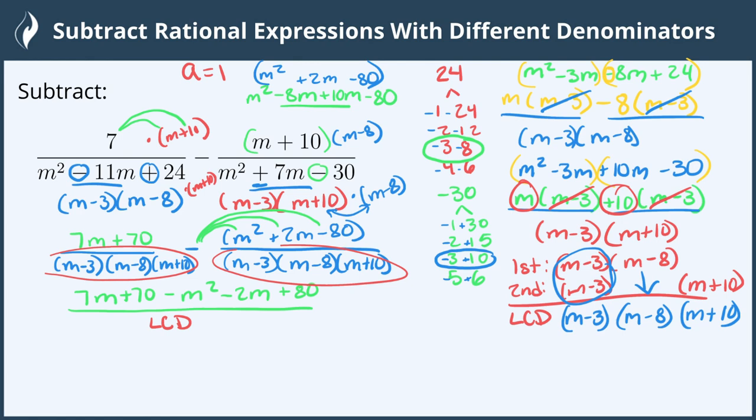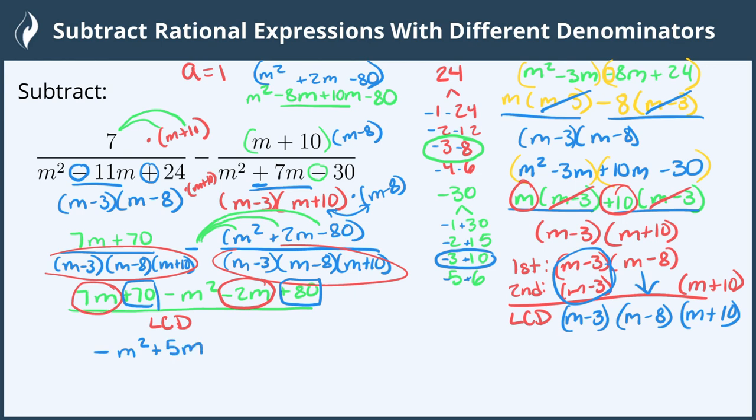Now we're going to combine like terms. We have positive 7m minus 2m, and we have positive 70, positive 80. So let's rewrite this as negative m squared. Positive 7 minus 2 gives us positive 5m.